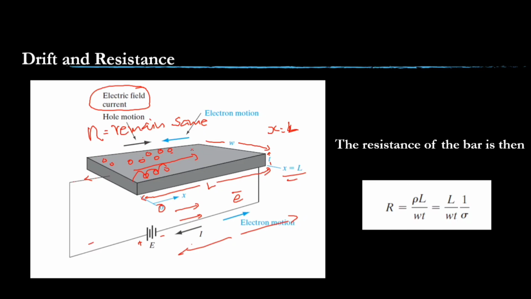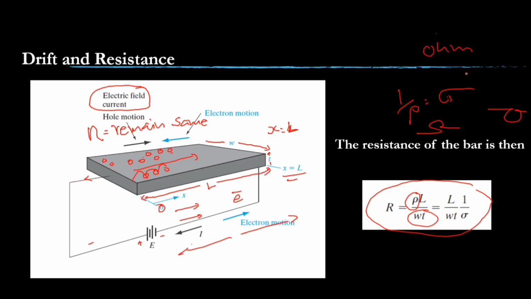The resistance is equal to rho L by W T, where W T is the area of cross section and rho is the resistivity, and 1 by rho is nothing but the conductivity. The unit of resistivity is ohm meter, and the unit of conductivity is mho per meter. Okay, thank you. That's about resistance.